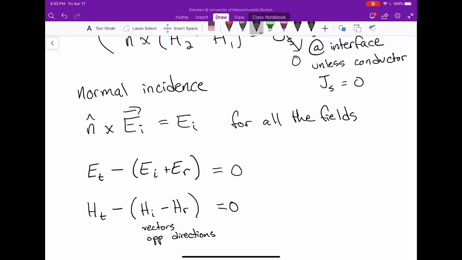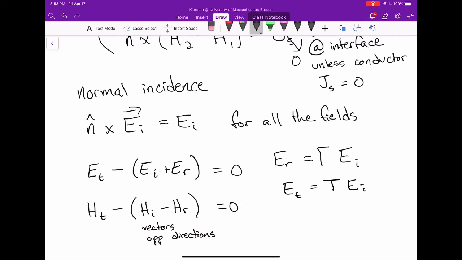Now we're going to define the reflection coefficient. And just like for the transmission line problem, we're going to say that the reflected electric field is equal to the reflection coefficient times the incident electric field. And we're going to say that the transmitted electric field is equal to the transmission coefficient times the incident electric field.